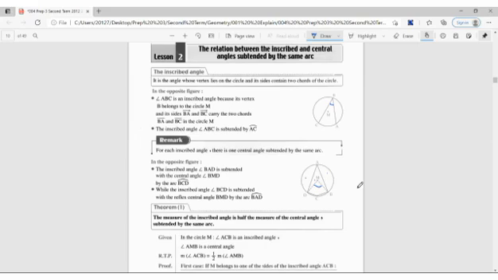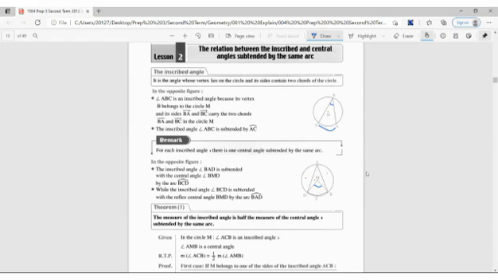Okay. In the first figure, look at the arc opposite to the vertex B. It's the arc AC. So the inscribed angle ABC is subtended by the arc AC. It's looking for the arc AC.